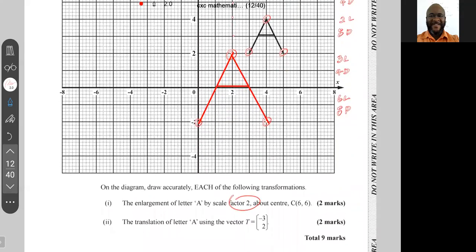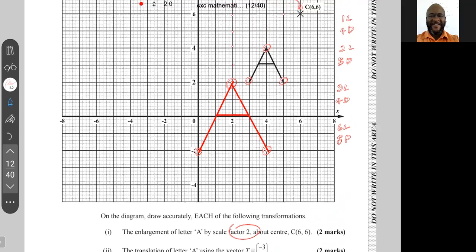Next, this says the translation of A using the translation vector minus 3, 2. Now, minus 3, 2 is telling me how to move the shape. The top value deals with horizontal movement, and the bottom value deals with vertical movement.